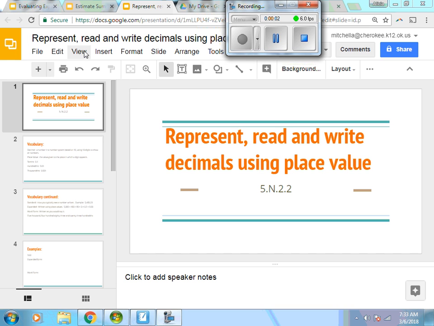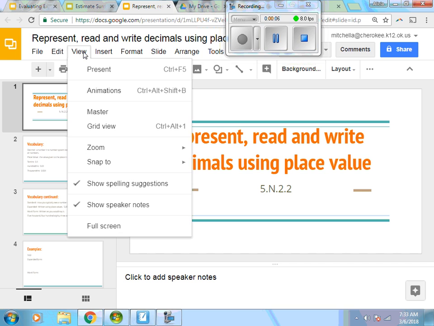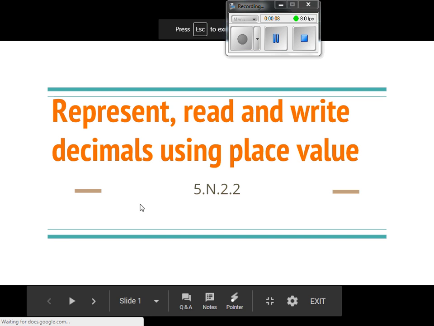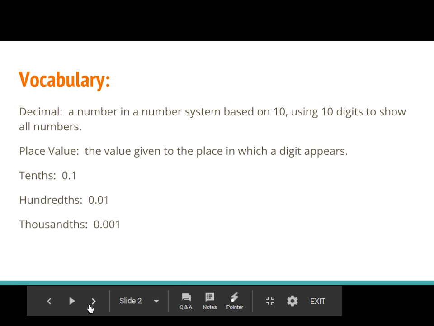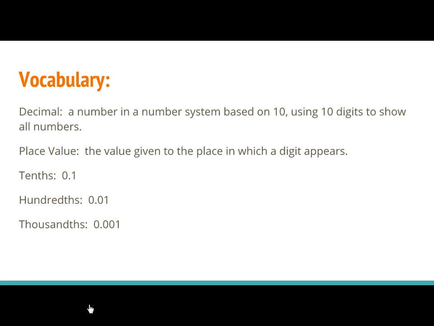Okay, we're going to represent, read, and write decimals using place value today. So let's take a look at this. A decimal is a number in a number system based on 10, using 10 digits to show all numbers. Place value is the value given to the place in which a digit appears.